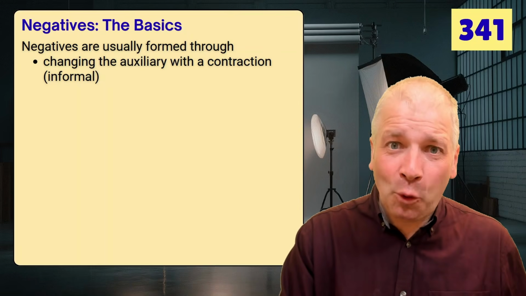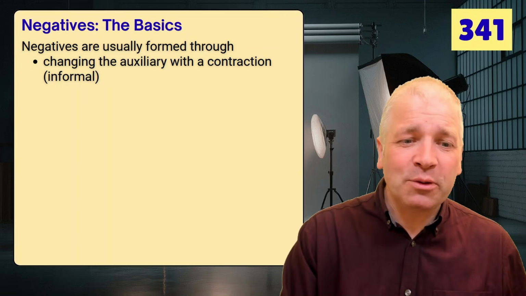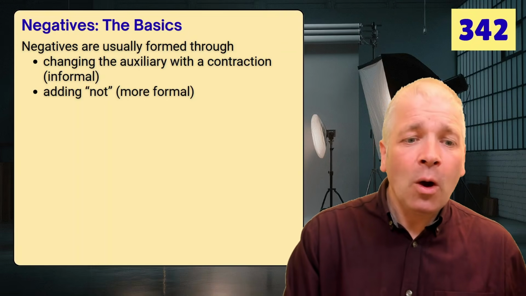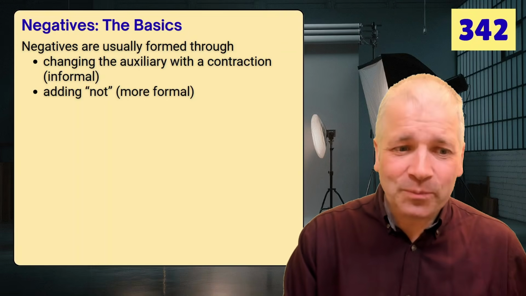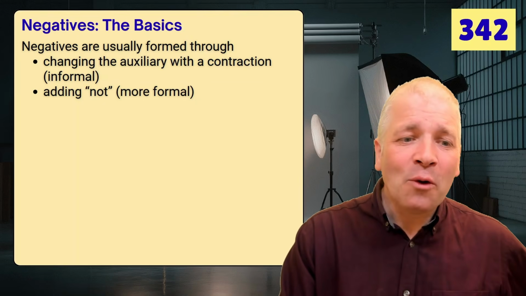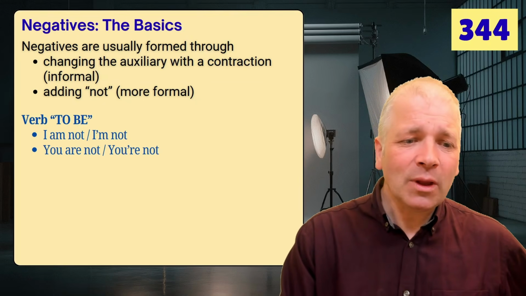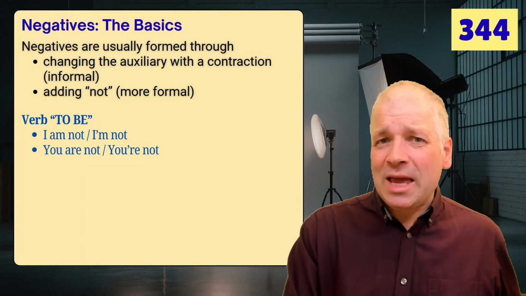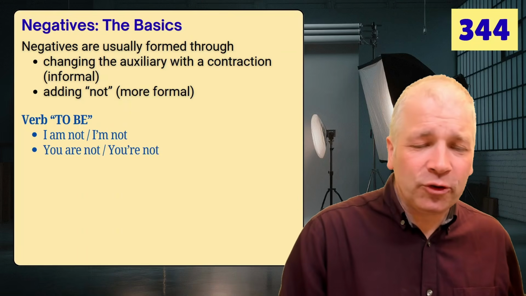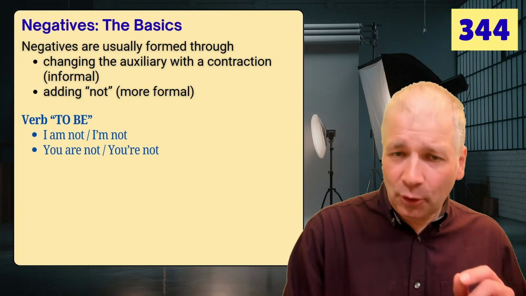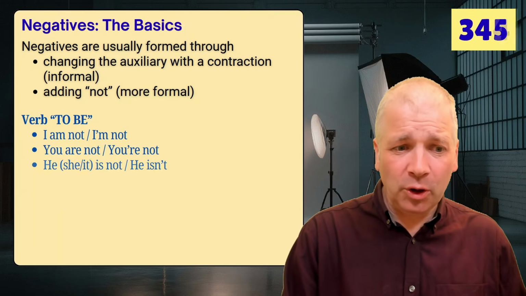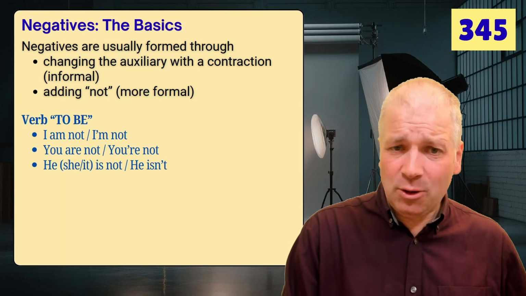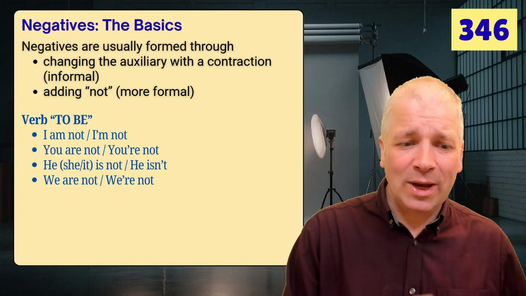Negatives are usually formed through changing the auxiliary with a contraction or adding not. Adding not is considered more formal. With the verb to be, we can add not or contractions like this. I am not or I'm not. You are not, you're not. He, she or it is not, he isn't. We are not, we're not.